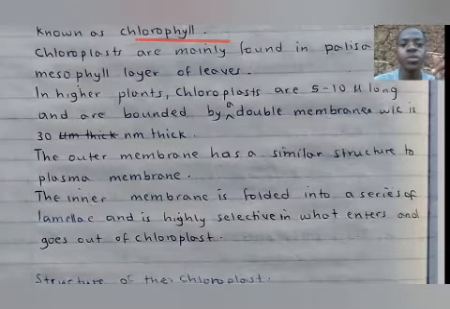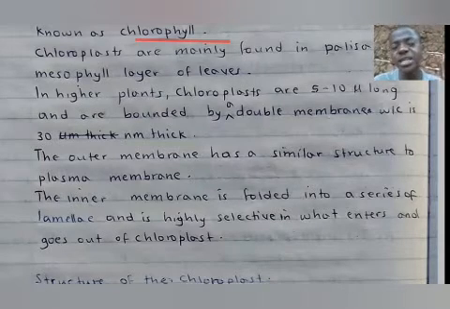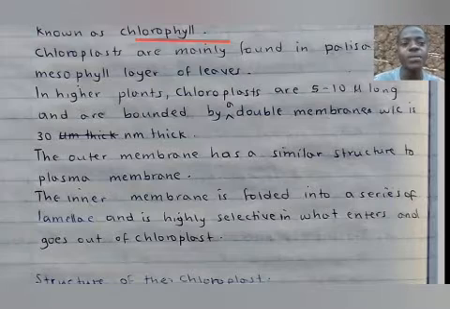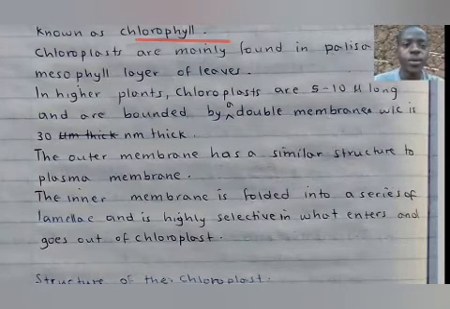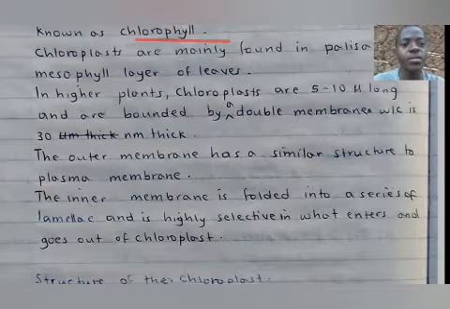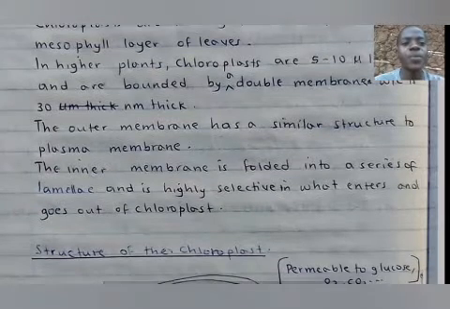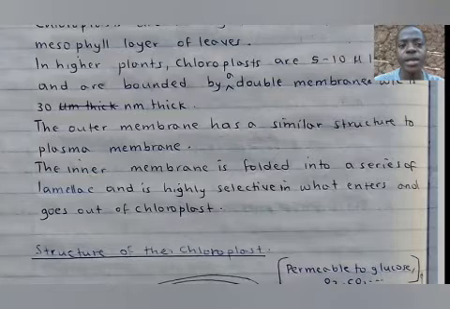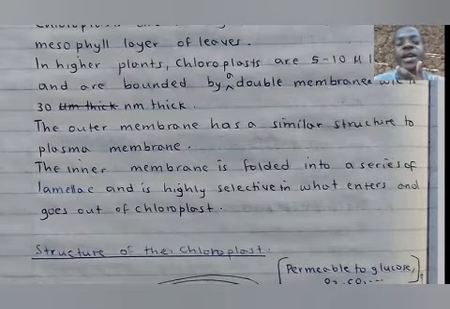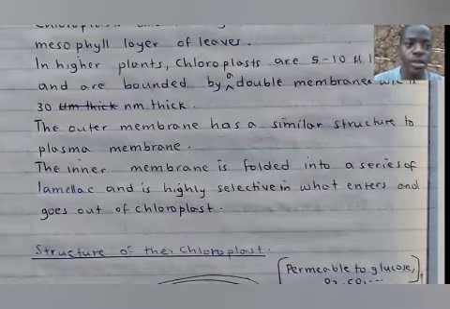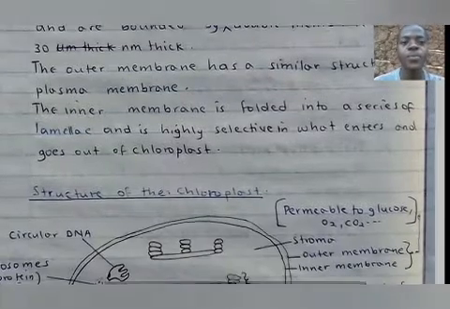But for them, the inner membrane, the second membrane, is not coiled. And the outer membrane has a similar structure to the plasma membrane, that is well known as the cell membrane.